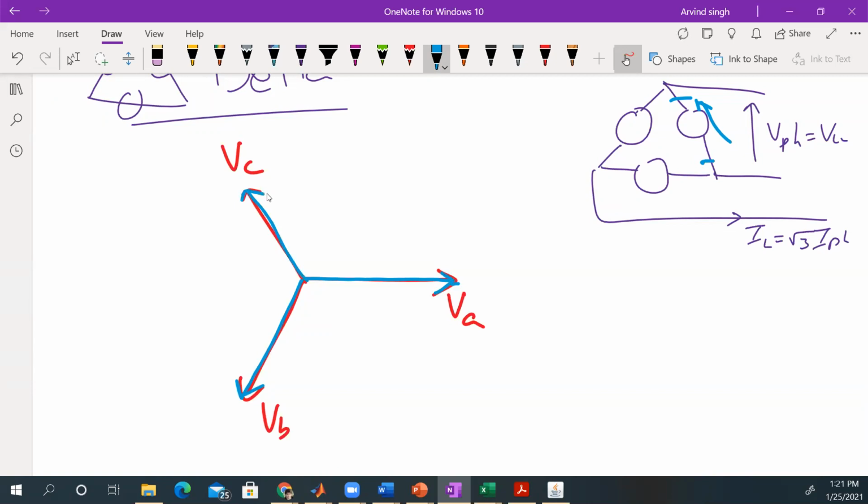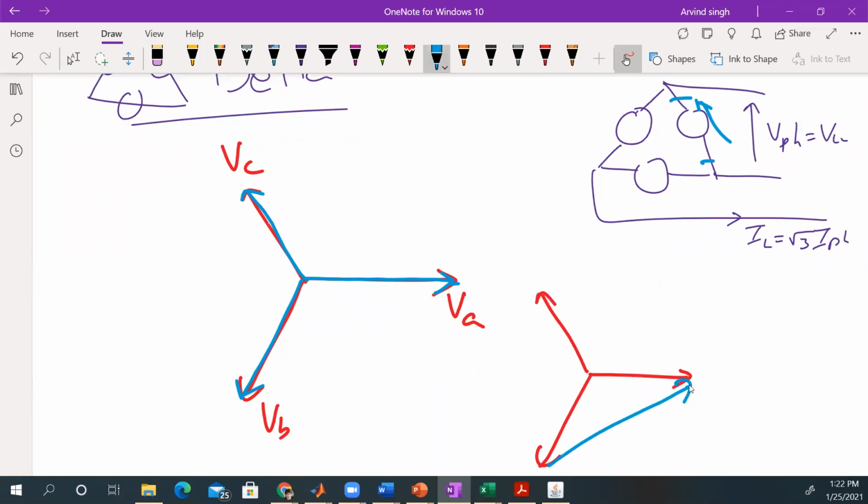Right? Just like we got with the current. And for the current, we are going to get the opposite happening.